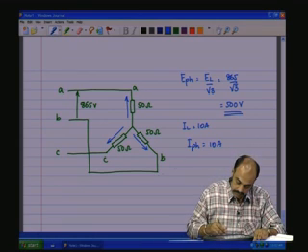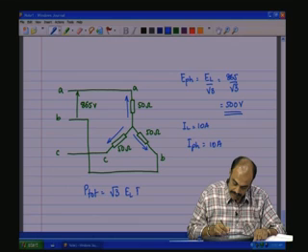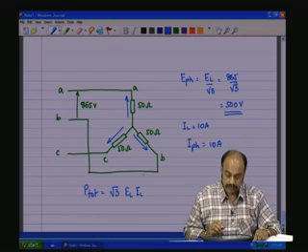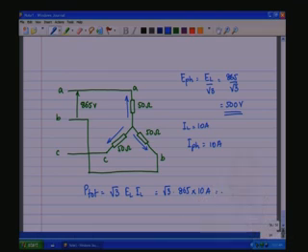And the third thing is the total power, P total, which is equal to root 3 EL IL, as it is a resistive load, so cos phi is equal to 1. So, this will be equal to root 3 into 865 into 10 amps, which is equal to 15 kilowatts, or 3 into E phase I phase, which is also 15 kilowatts or 15,000 watts.